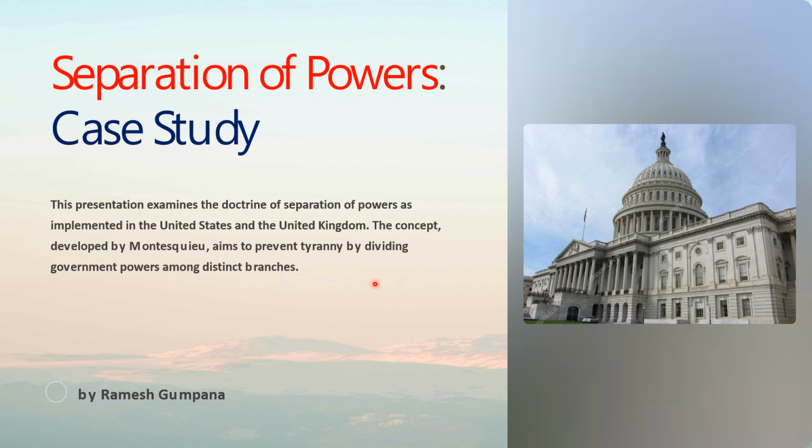The system of checks and balances ensures that no one branch has too much power. The Supreme Court decision in Marbury versus Madison in 1803 established judicial review, while the impeachment of President Bill Clinton in 1998 demonstrated the legislative branch's powers.